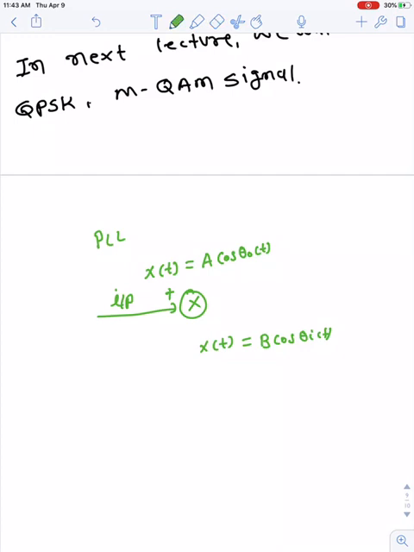If we simply multiply here, we get two signals: AB cos of theta i plus theta 0 of t, and theta i minus theta 0 of t. Both components are passed through the low pass filter. The low pass filter will allow only the lower frequency signal to pass.